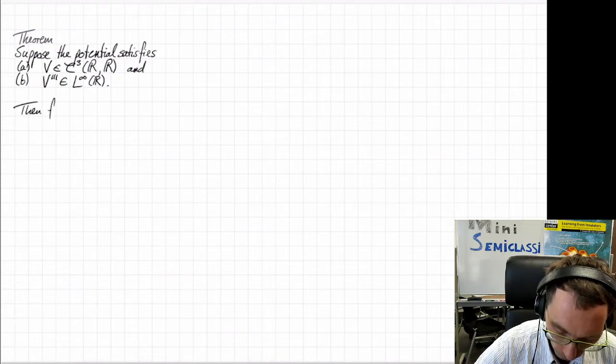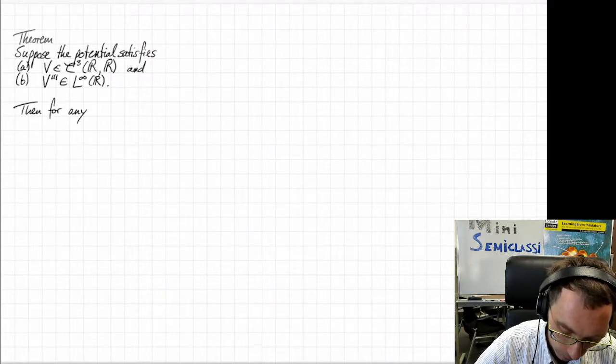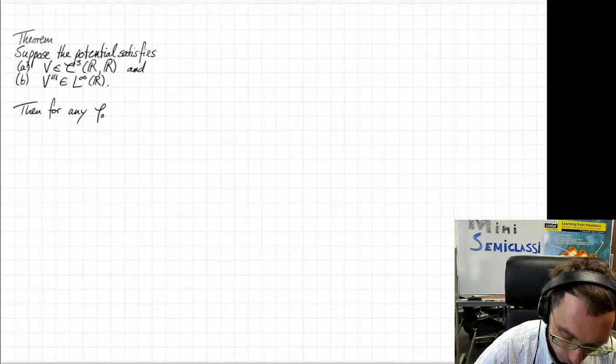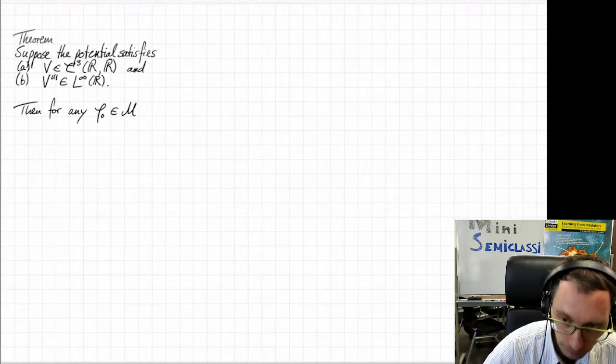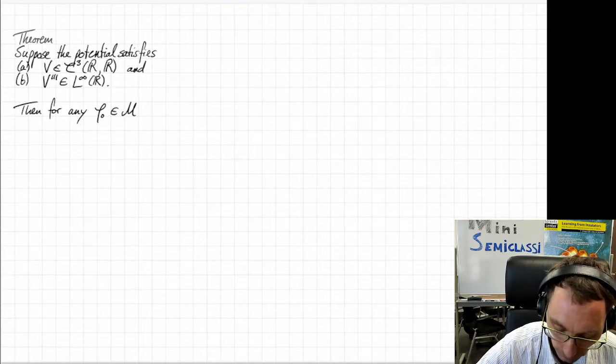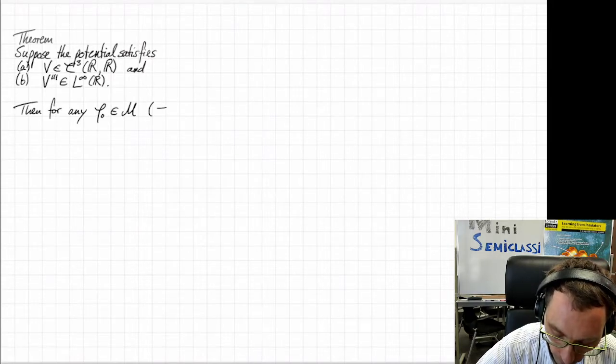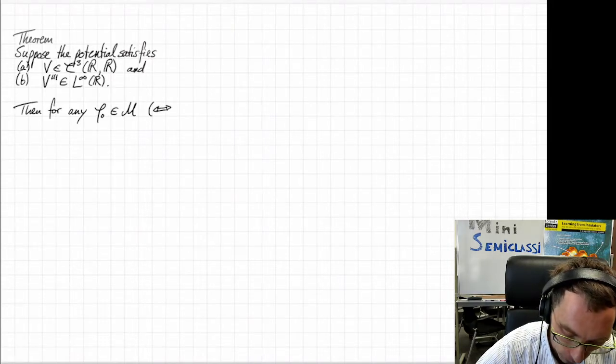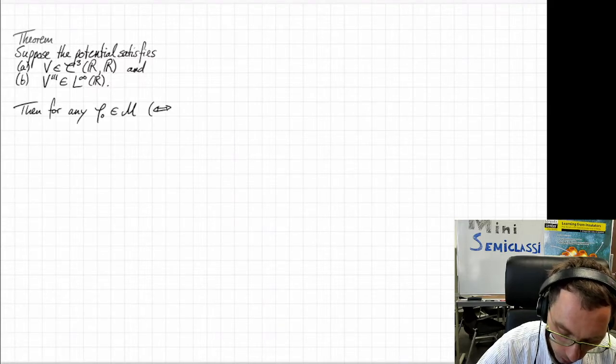Then for any starting point on our constraint manifold of Gaussians, so remember, this means we have a bunch of coordinates.